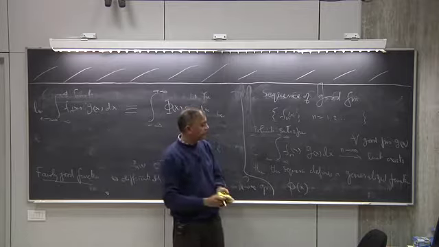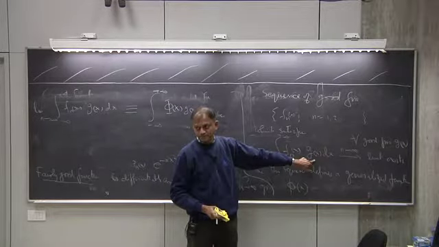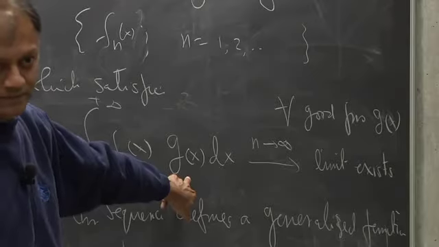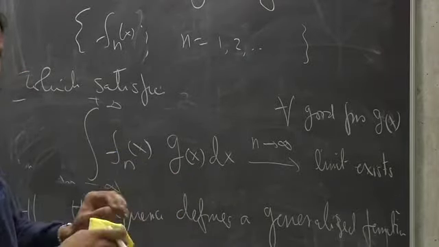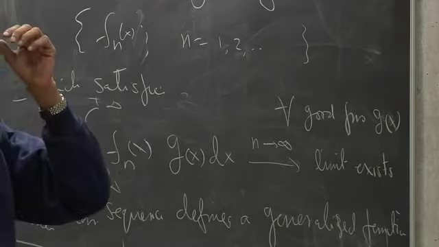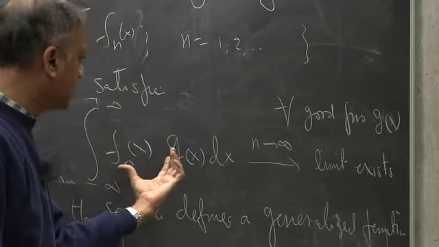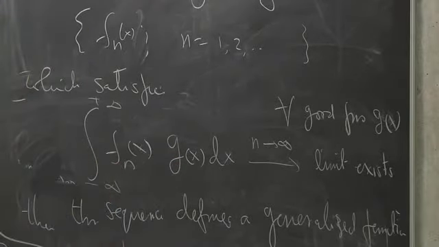That number will of course be different for different g, in general. And when it converges to some value, then that value is defined as the result of the integral of the generalized function with g. So that's the definition of generalized function.